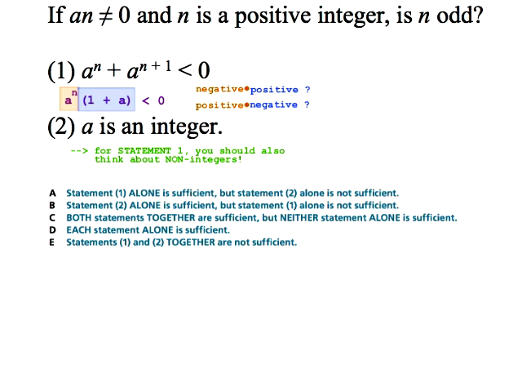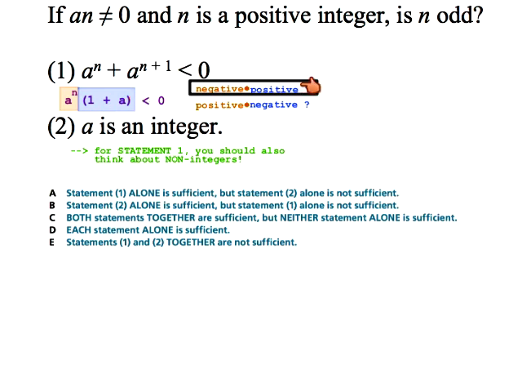If we're looking at this condition right here, we would know that a itself would have to be negative. And then n has to be odd, because if n was even, then that would turn the orange part positive.